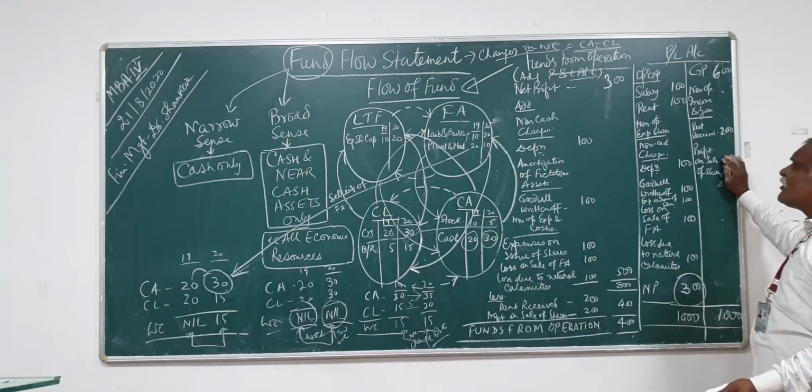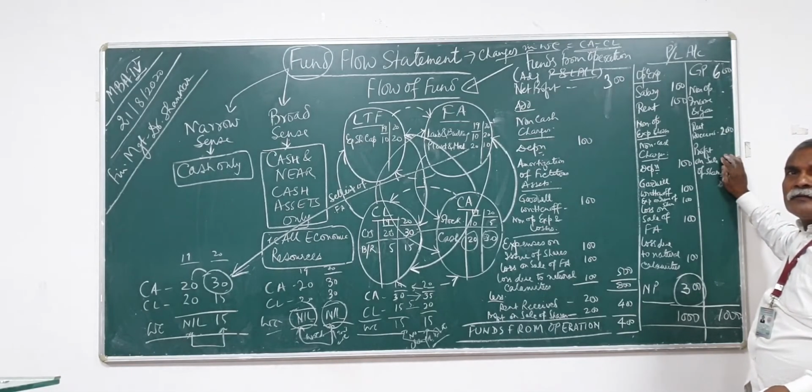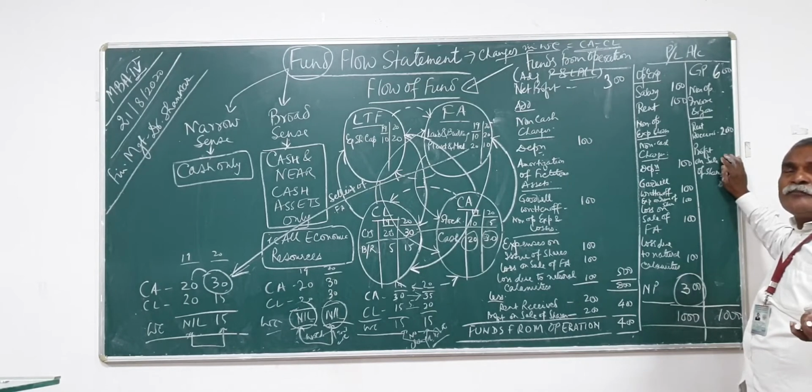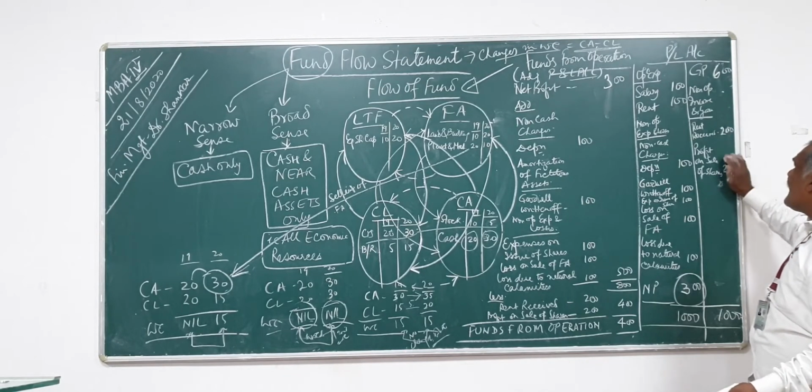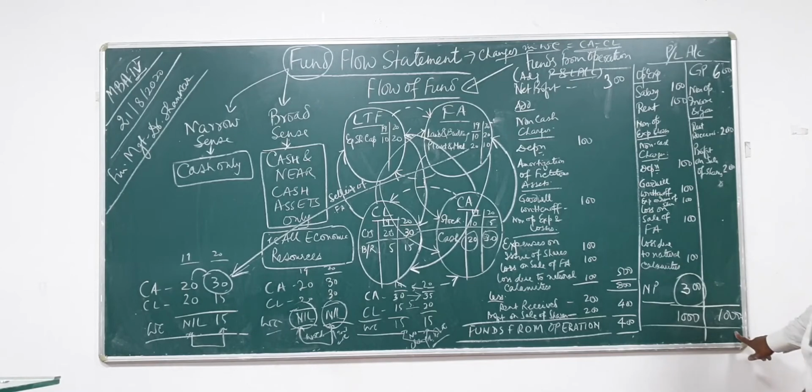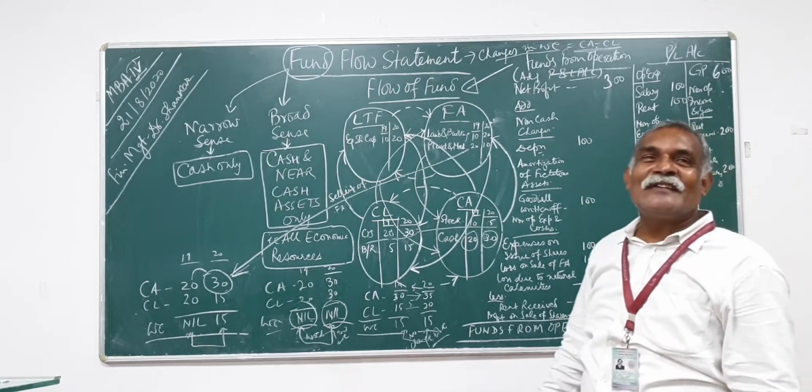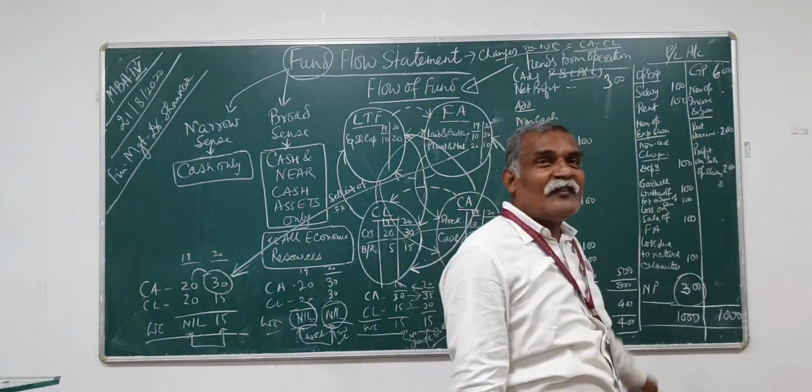There is profit on sale of shares, which is non-operating gain. Suppose 200, 200, 400, then the total is 600. And if this is 600, then this net profit cannot be 300. Because of this 400, this is 100. And because of this 400, this net profit is 300. Because of this, our net profit is increasing.